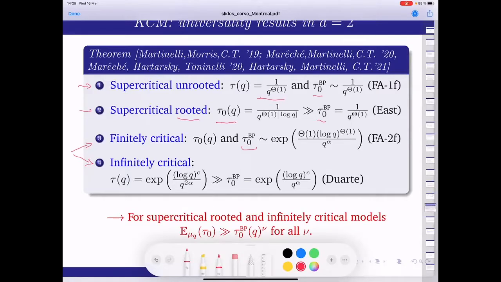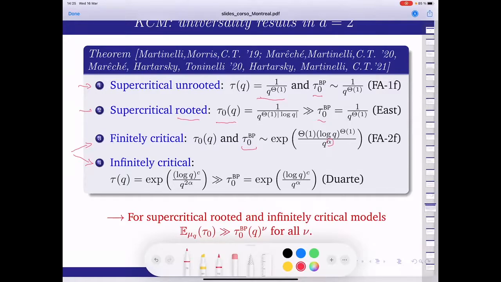I mean that it is an exponential, possibly with log corrections, of a constant divided by q to the power alpha, where alpha is again the same as for bootstrap percolation, the difficulty of the model. But these constants and log corrections are in general different from those of the bootstrap, or perhaps even always.